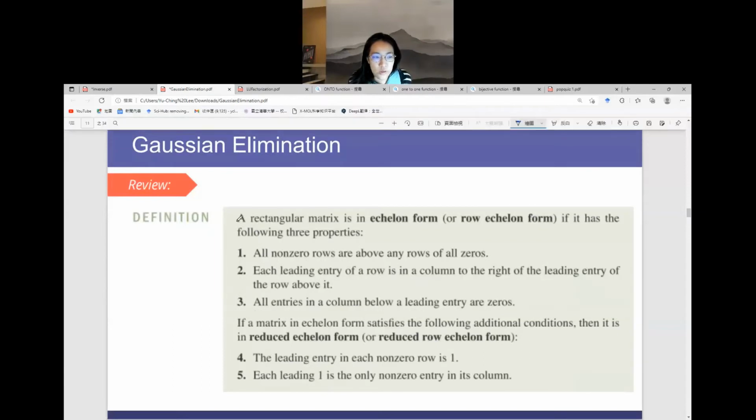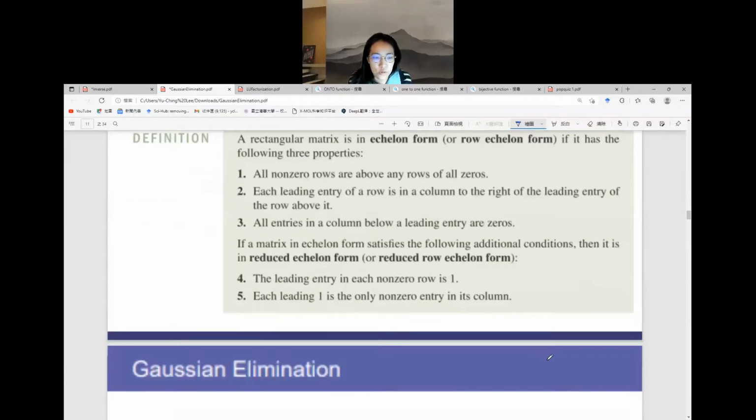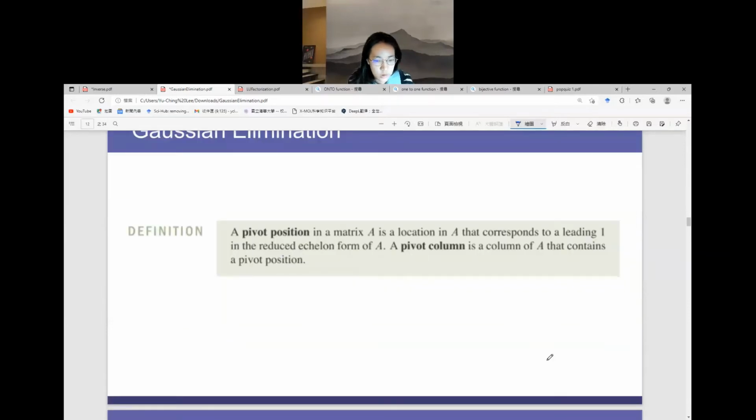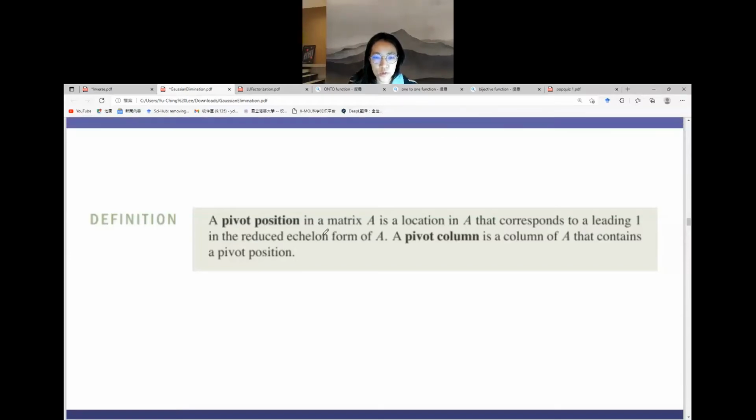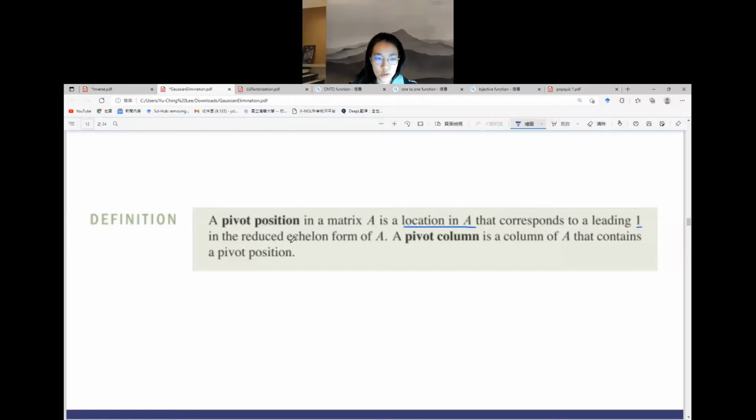And here's the review again: what is an echelon form and what is a reduced echelon form. All right. Pivot position is also a review. Formally, it is a location in the original A matrix, and that position corresponds to a 1, the leading entry in the reduced echelon form.